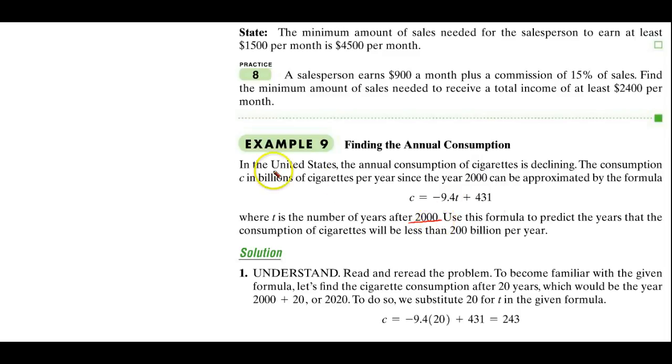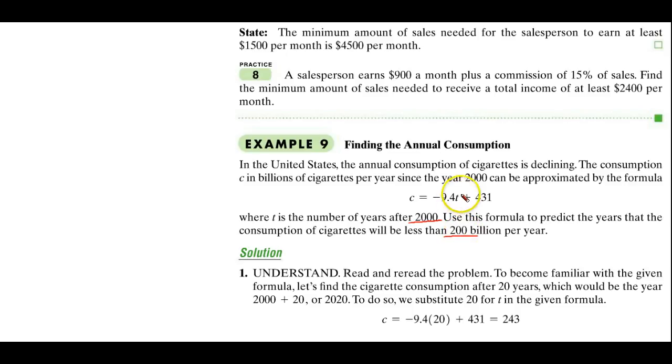So it's saying in the United States, use this formula to predict the year that the consumption of cigarettes will be less than 200 billion per year. Now, as we read this, we're basically going to substitute this information into our formula.